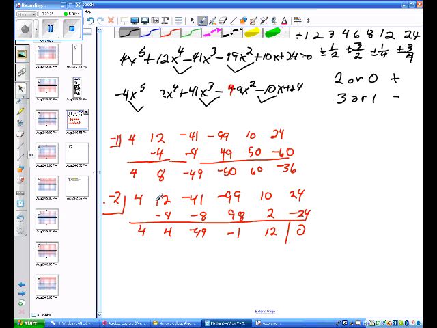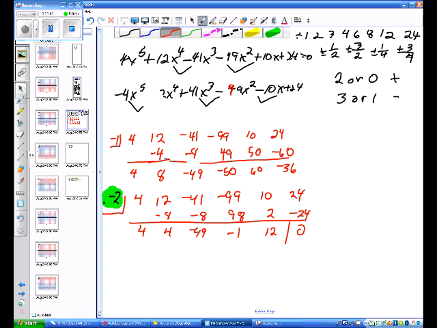So negative 2 is a solution. So that's going to be one of our roots, the negative 2. And now we have a reduced equation. And not only do we have a reduced equation, but our last number is 12 now instead of 24. So now we can eliminate the 24 and the 8.